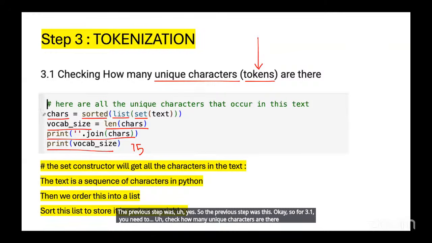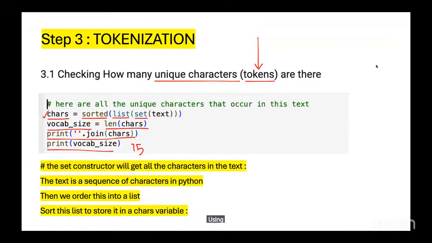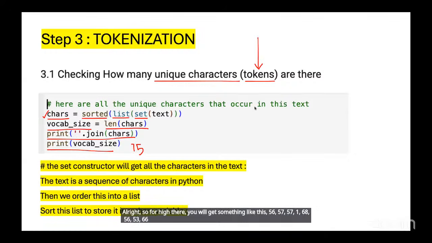You are making a list of characters, which is a sorted list of all the unique characters in this text, using the sorted function. All right, so for hi there, you will get something like this: 56, 57, 57, 1, 68, 56, 53, 66, 53, as the function output.